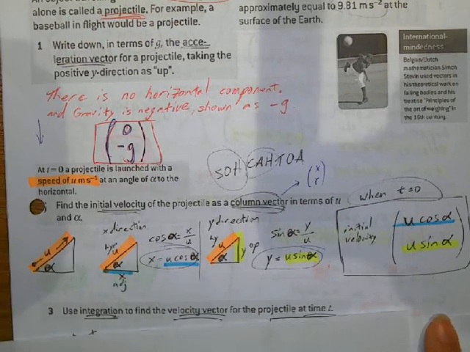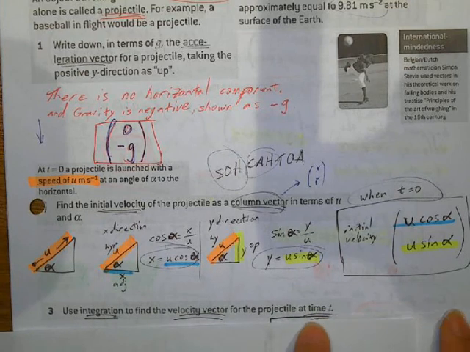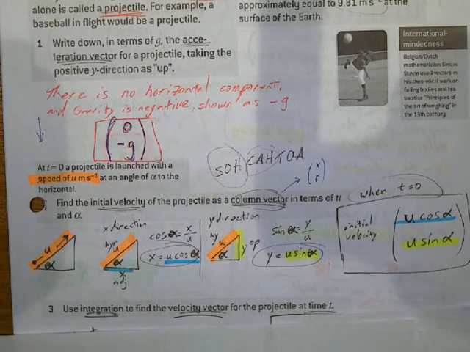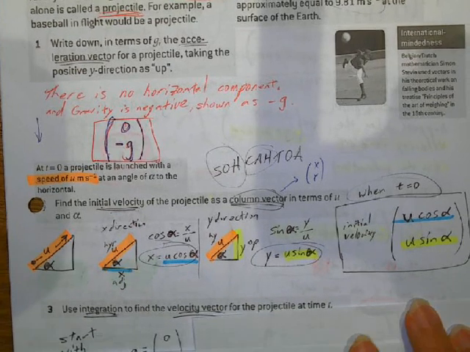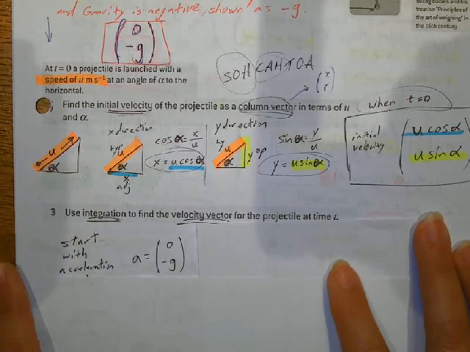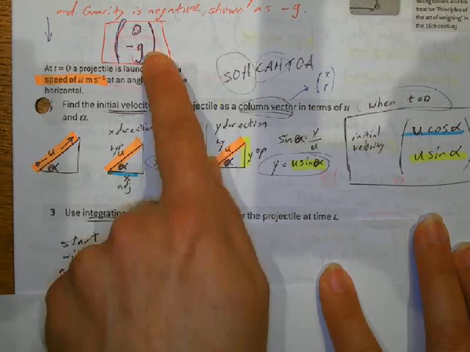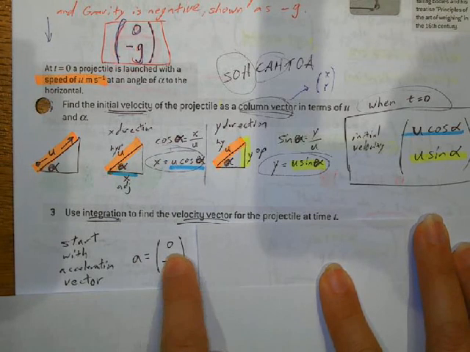Okay, next question. Use integration to find the velocity vector for a projectile at time t. If I'm going to use integration, we start off with acceleration. From our part A, acceleration is 0 going left and right, not at all, and the only thing we've got going is it's pointing down.